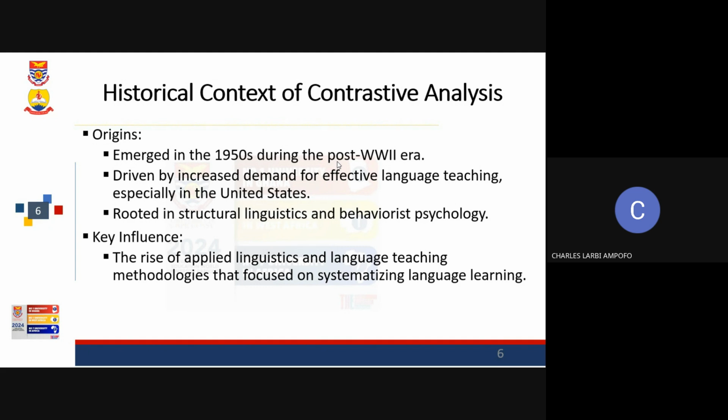So this theory has its roots in structural linguistics and behaviorist psychology. So it's important for us to bookmark these two things that we've spoken about here: structural linguistics and behaviorist psychology. All right, we shall come back to them in our later lessons.